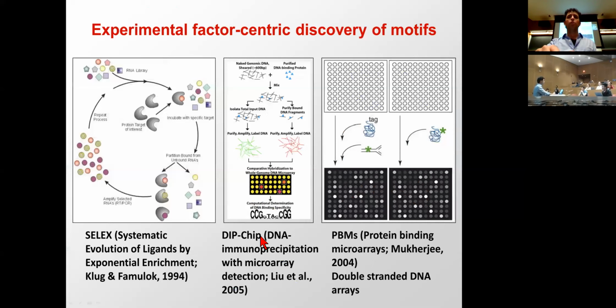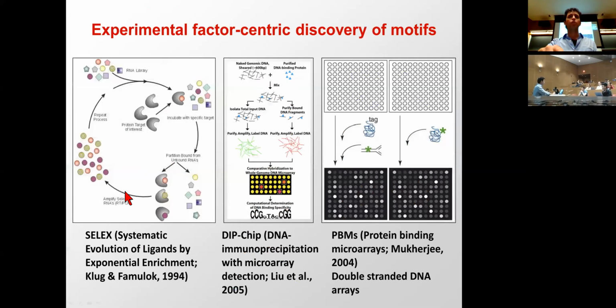Or I could do DNA precipitation with microarray detection: pull down my protein and then do a relative hybridization to either genomic sequences or random sequences, and figure out where it hybridizes.